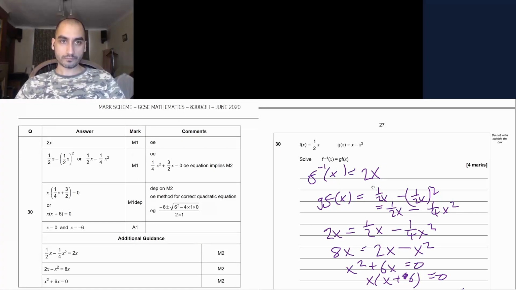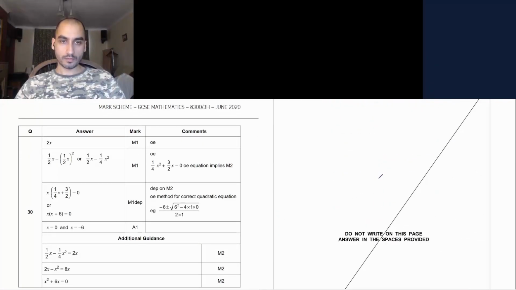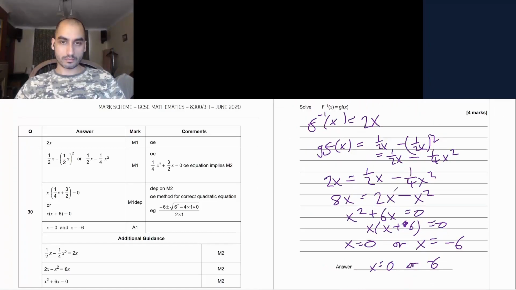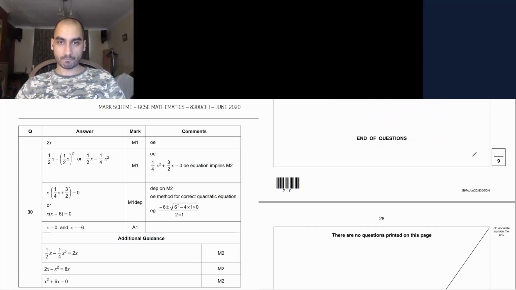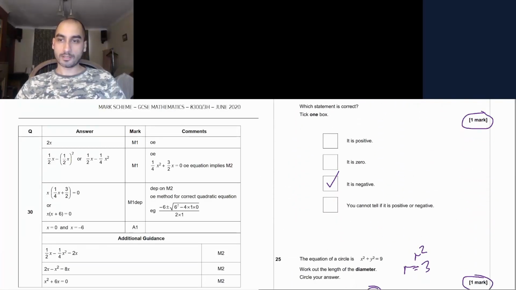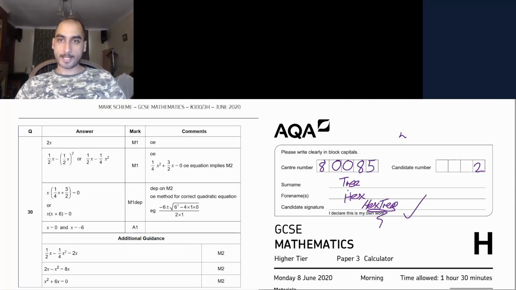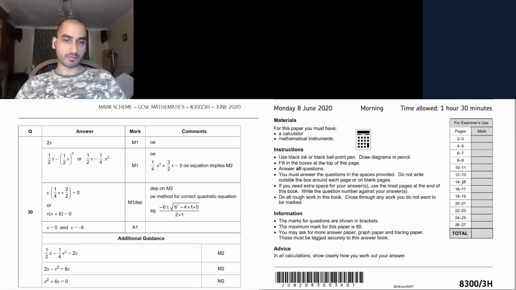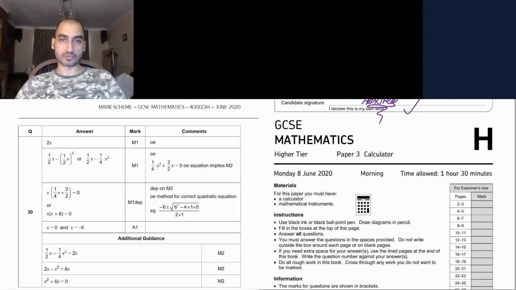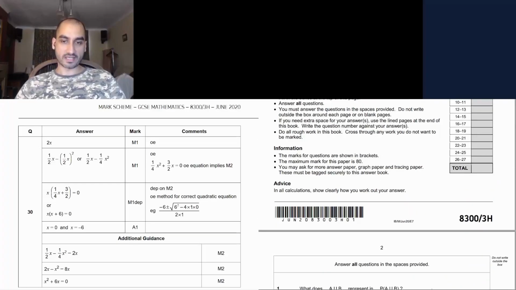30. Zero or minus 6? 0 minus 6. Yep. So that's it. So overall I lost 5 marks. And in a couple of places I might have been on the generous side, but that was my honest attempt to mark it as I thought the markers would actually mark it.